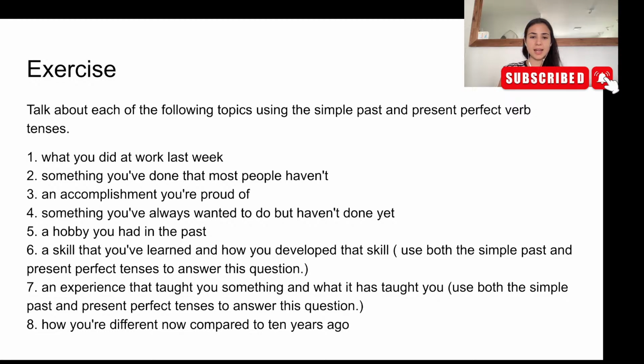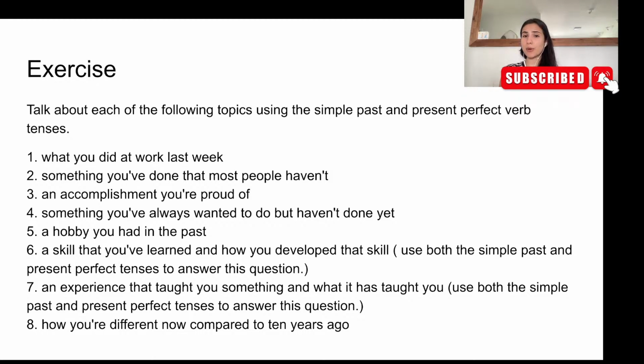All right. And number 8, how you're different now compared to 10 years ago. So you as a person now versus you 10 years ago. What would you use? The present perfect or the simple past here?